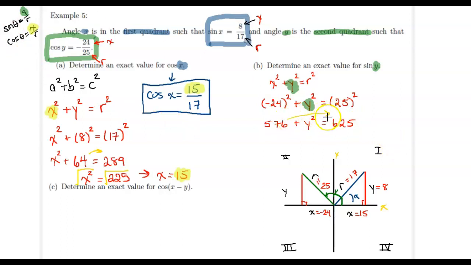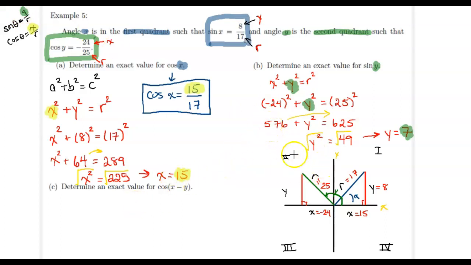So that's going to have to come over, leaving me with y squared equal to 49. And when I square root both sides, that will give me a y value of 7. So that is my missing piece that I need for my sine ratio.